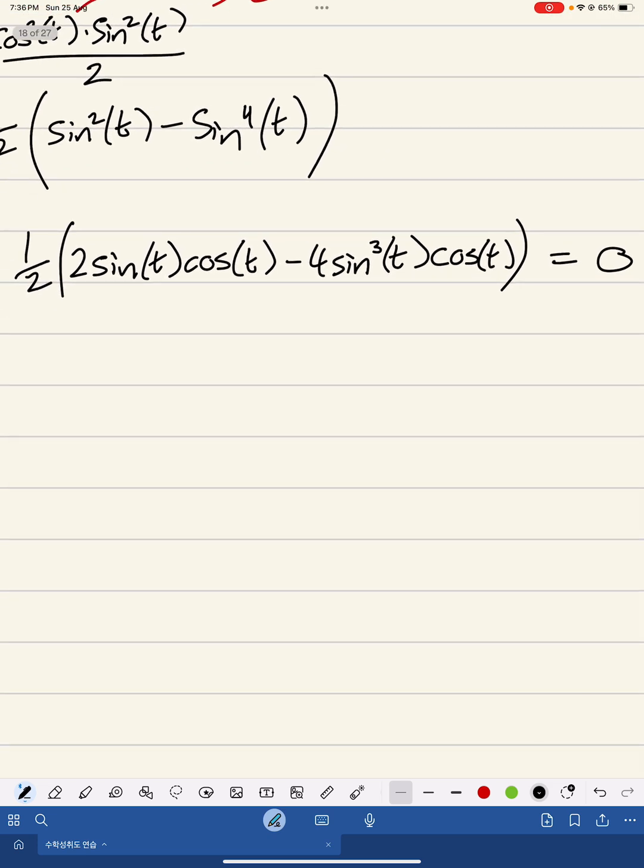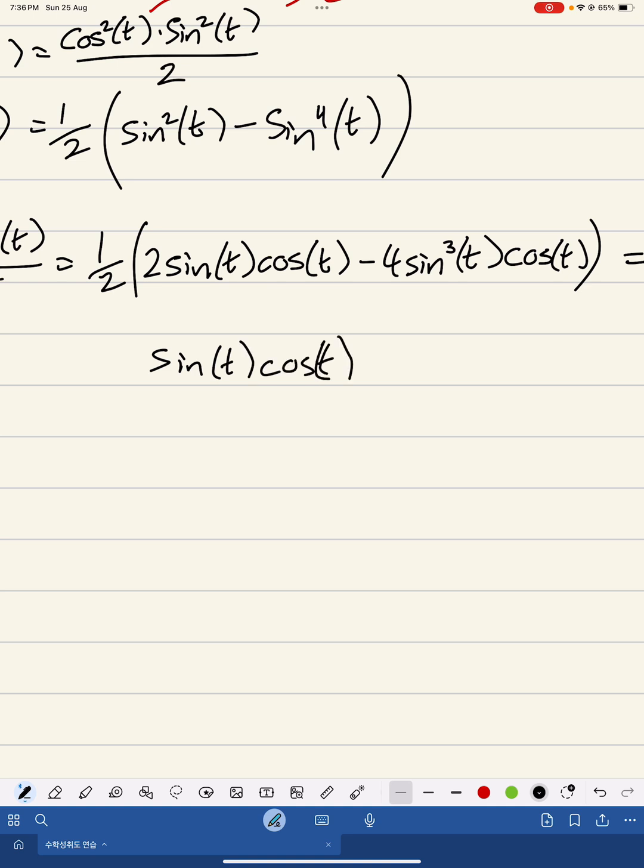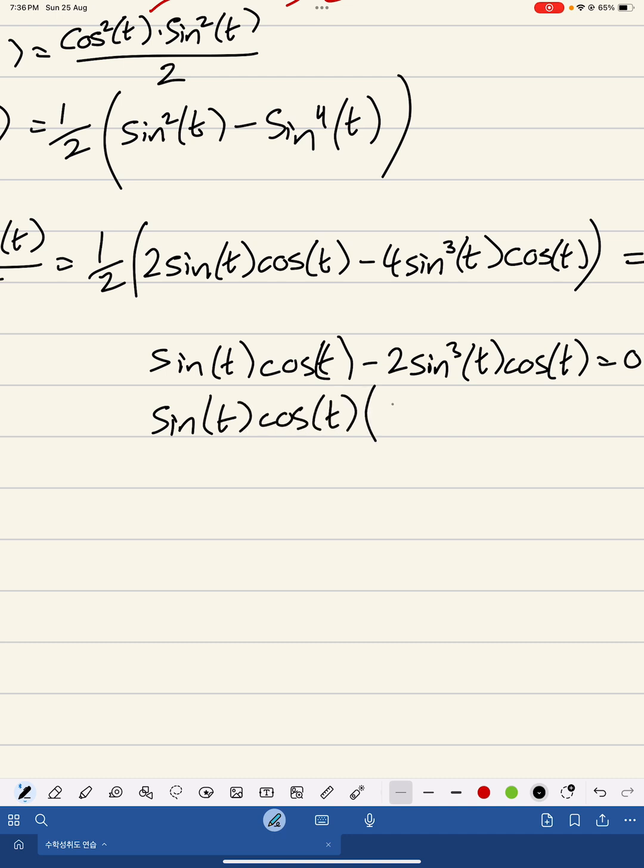I think we can do some factoring out here. Because it's multiplied by half, this is sine of t times cosine of t minus 2 sine cubed of t cosine of t, which is 0. And we can get sine t cosine t outside the brackets, and factor out 1 minus 2 sine squared of t, which is equal to 0.